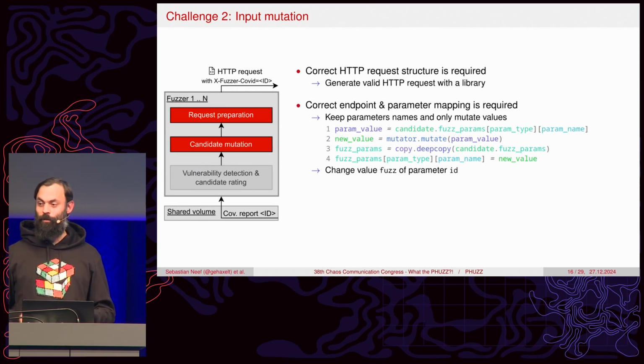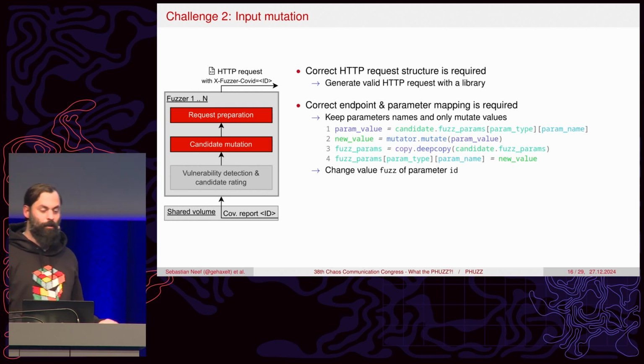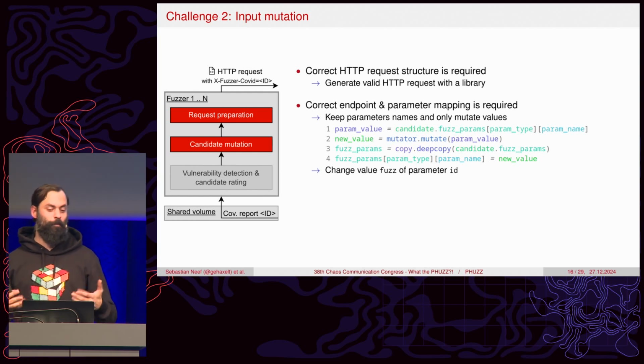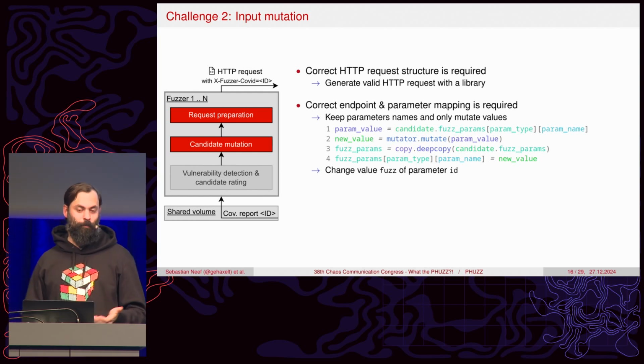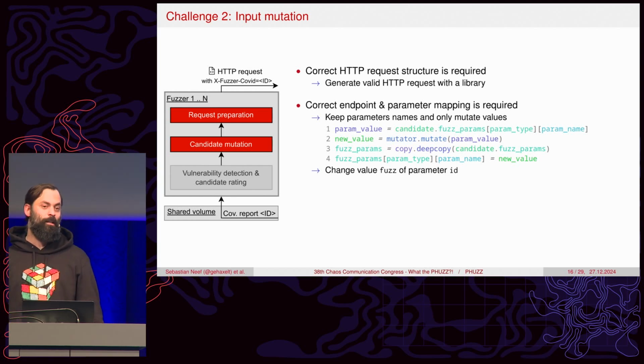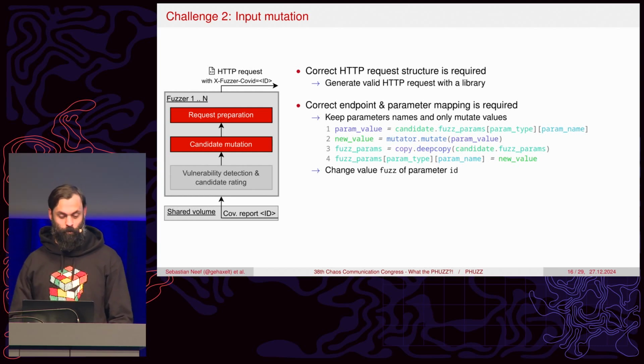I'm not going to process this input. I just reject it, and then we have nothing won. So we said, let's keep these parameter names the same and just mutate the values so we can actually try to fuzz the different application logic behind the different endpoints.